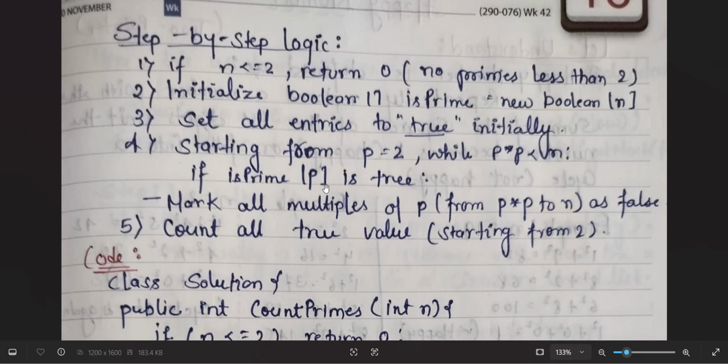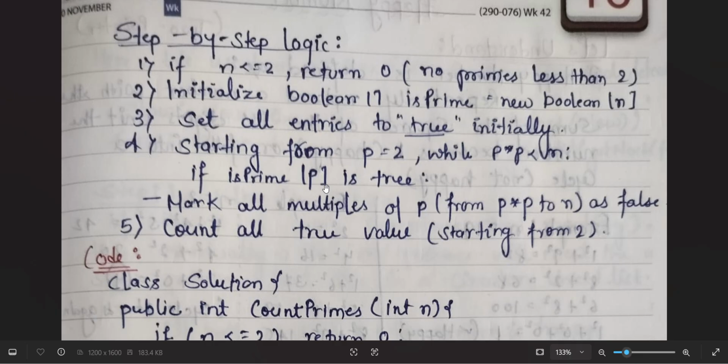Initially, we take a boolean array of size n. Set all entries initially to true, meaning we take all numbers as prime. In the next approach, we go from p equals 2, meaning prime equals 2, checking up to p into p, that is, p times p less than n.